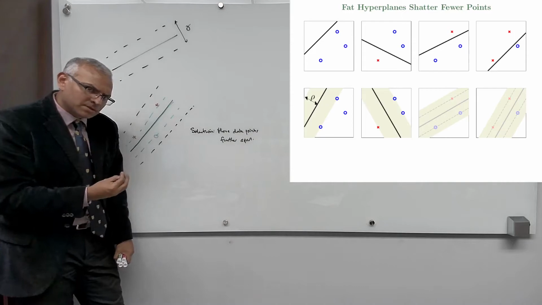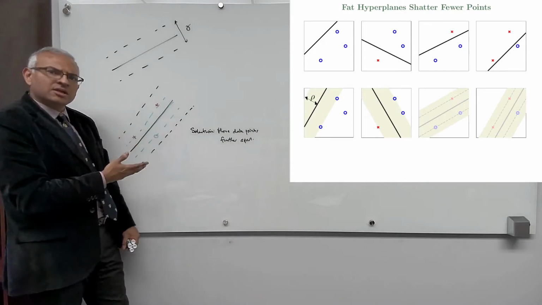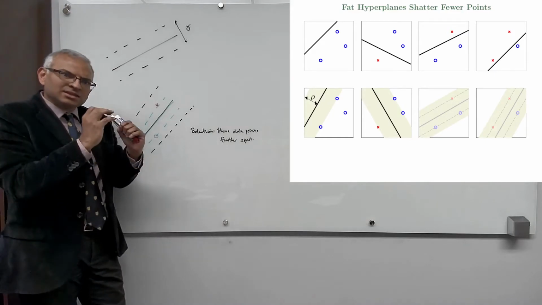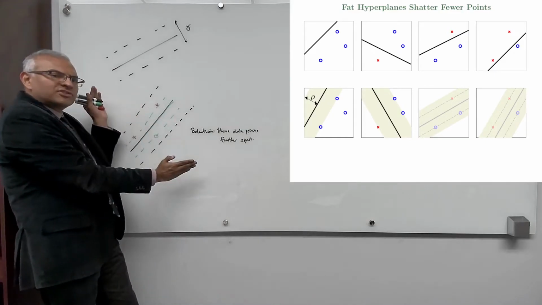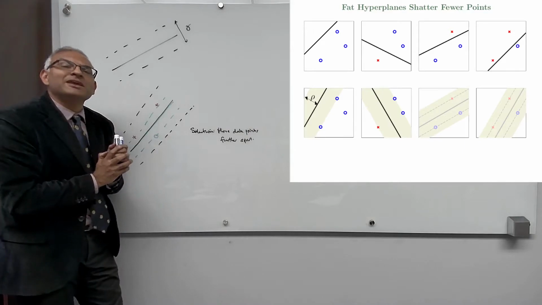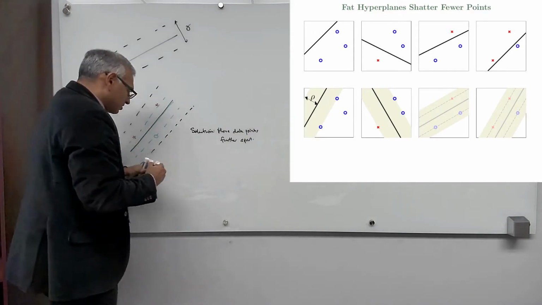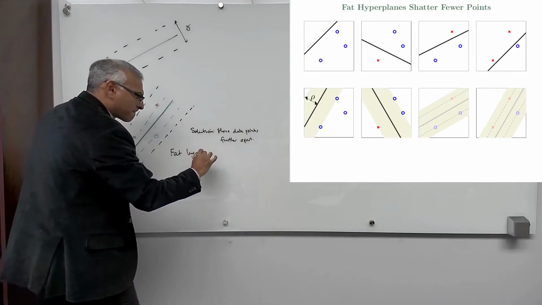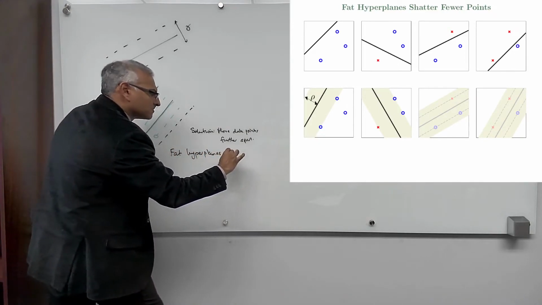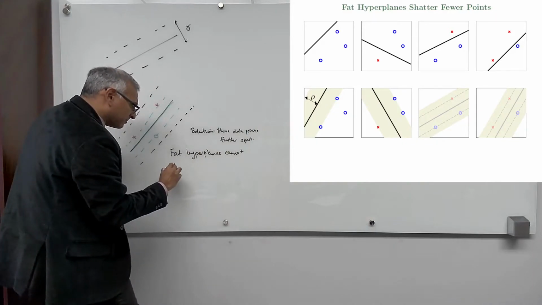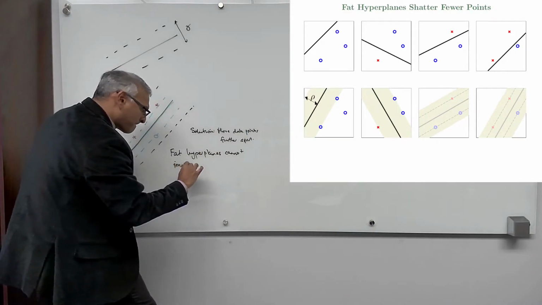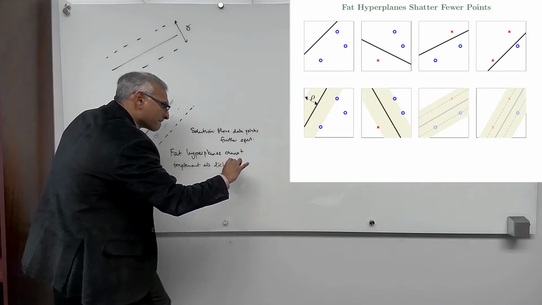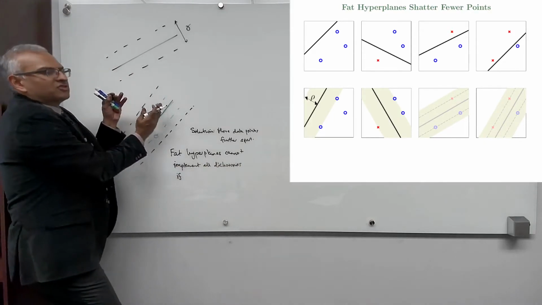So this notion that the fat separating hyperplanes cannot separate all the dichotomies is only going to come into effect if you are not allowed to move the data further apart, so if your input space is bounded. Fat hyperplanes cannot implement all dichotomies if you cannot move the data far apart.